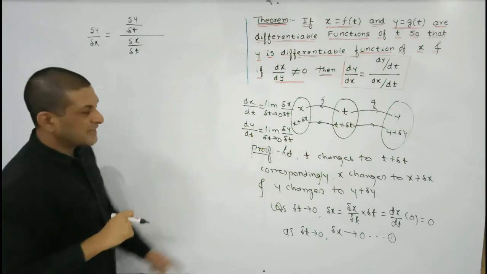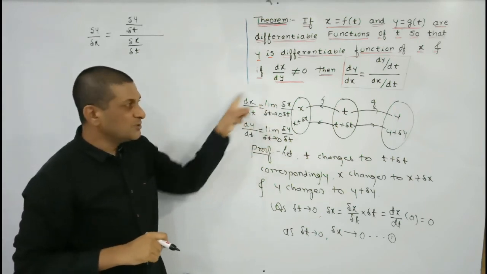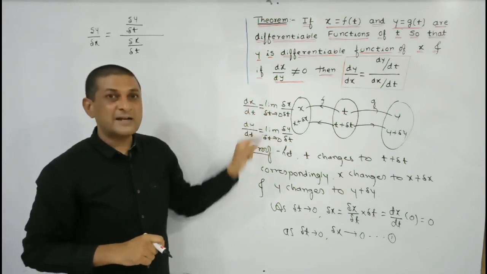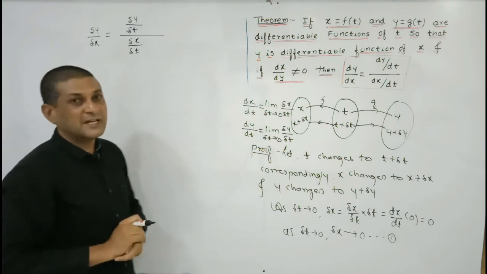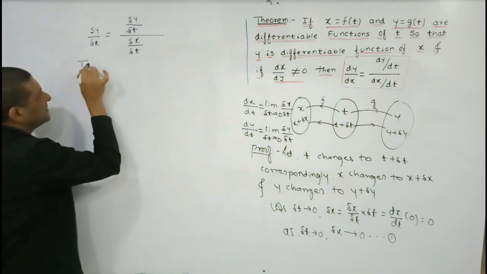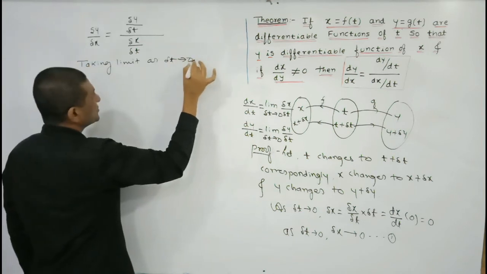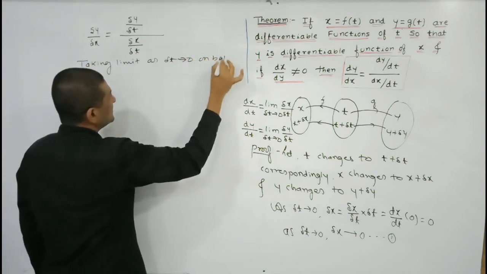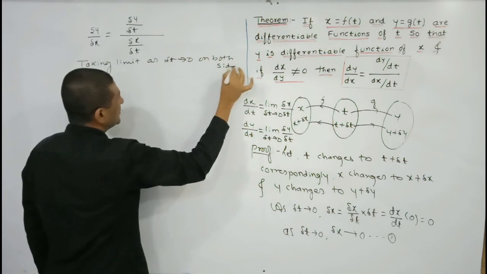Now if you observe our conditions here, limits are there, which means to use this result we will require limits also. That's why I am taking the limit as delta t tends to 0 on both sides. Let us see what we will get if we take the limit on both sides.